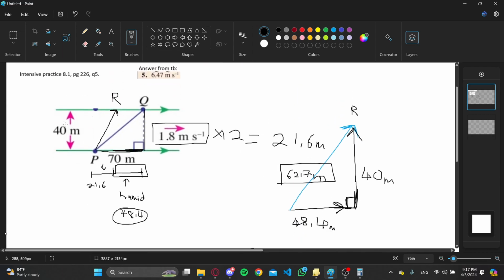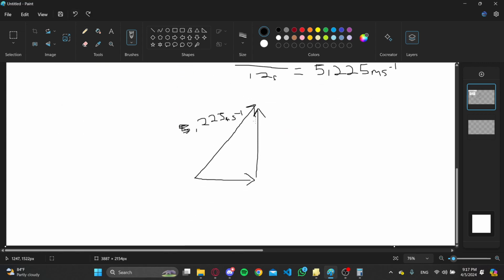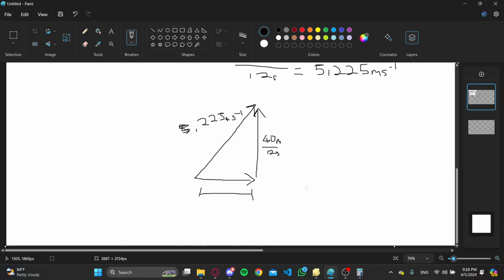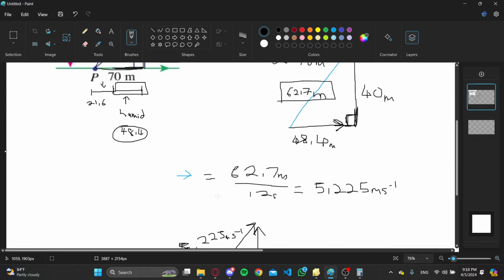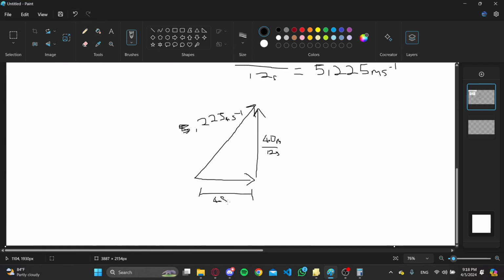Well, Hamid needs to travel 40 meters upwards in 12 seconds. So this is just 40 meter over 12 second. Then this one should be 48.4 meter per 12 seconds.